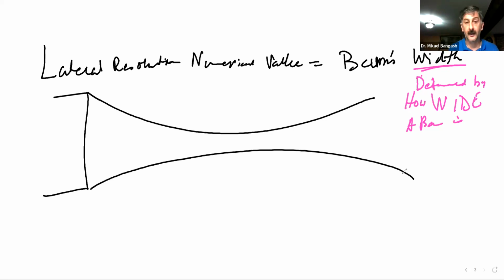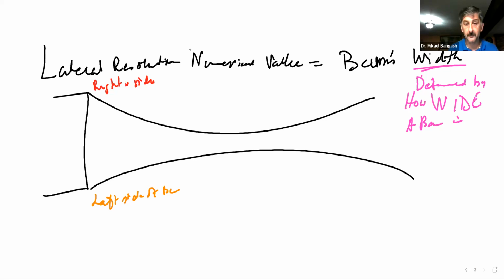So this will be, let's say, the right side of the beam, and this one down here, for instance, can be the left side of the beam. Is that clear?